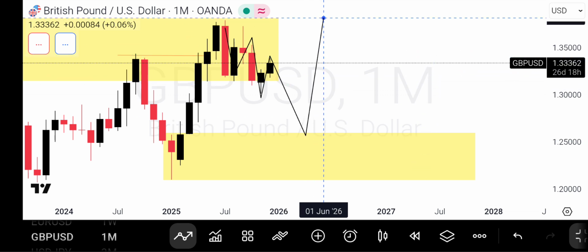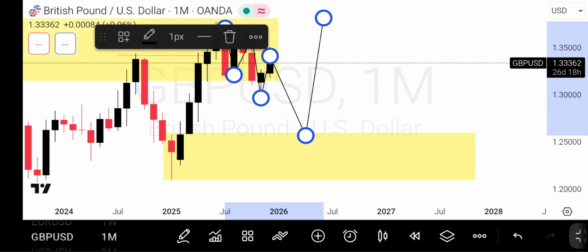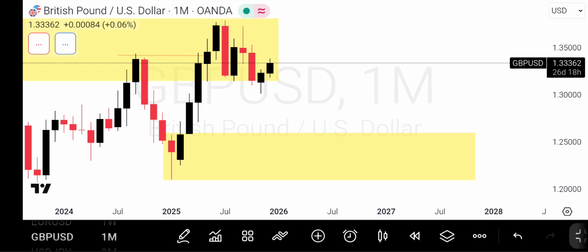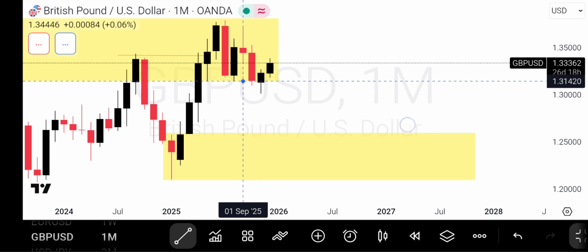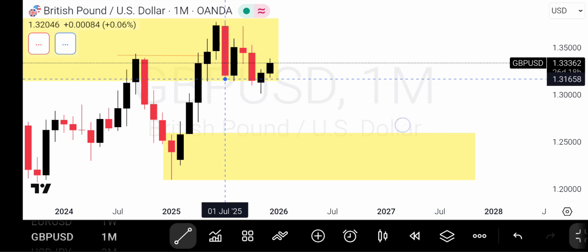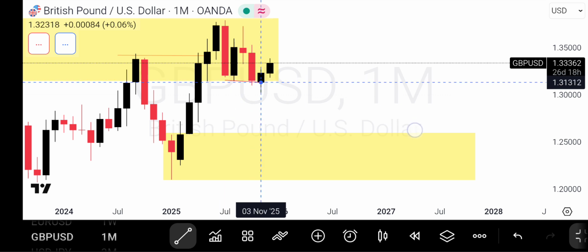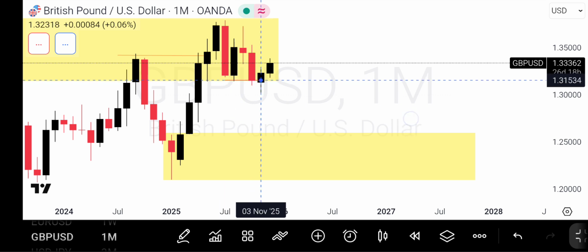That is what the market is doing at that point in time. Now I can see from this point that we also have another break of structure here, and this is the valid break of structure for the current market price.